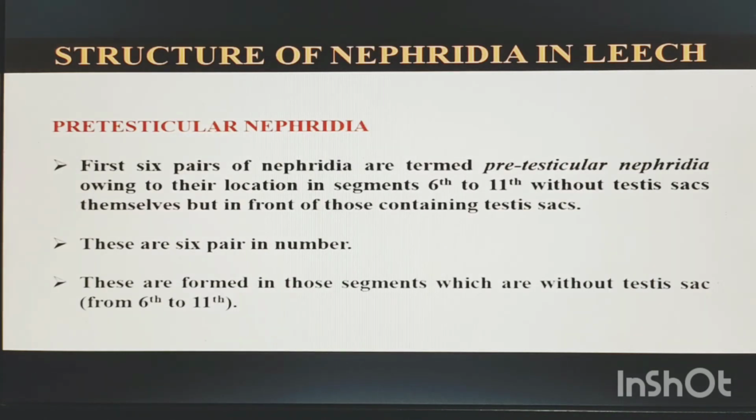Next, the second type of nephridia is called pretesticular nephridia. The pretesticular nephridia are the same as testicular in all respects except that their initial lobes end loosely in the connective tissues.